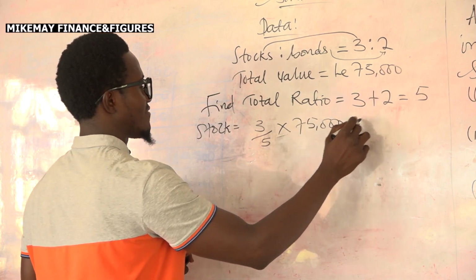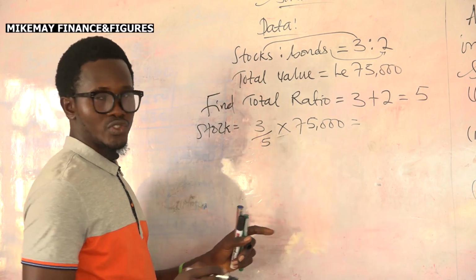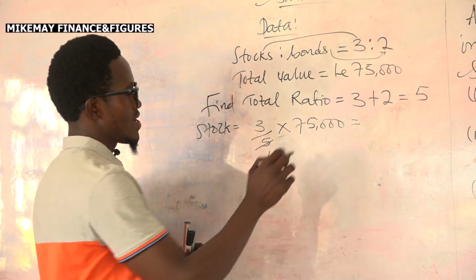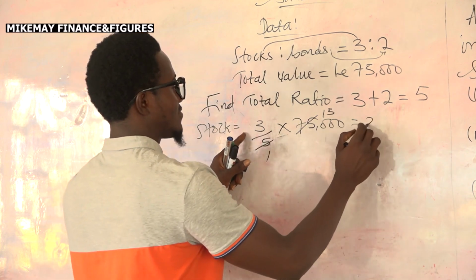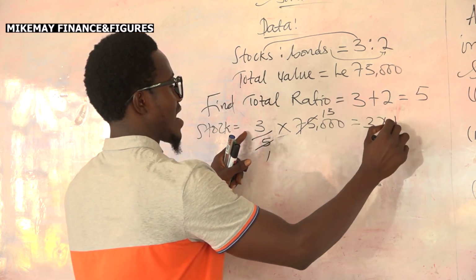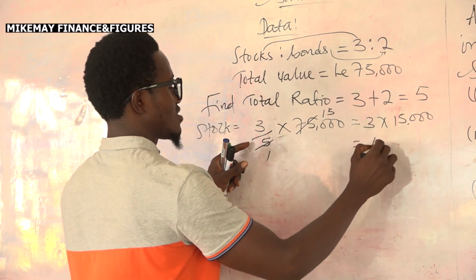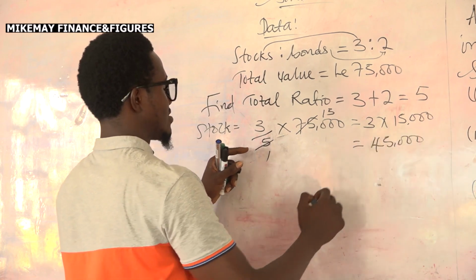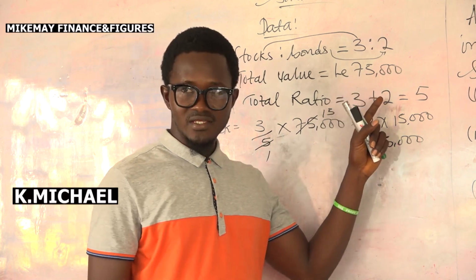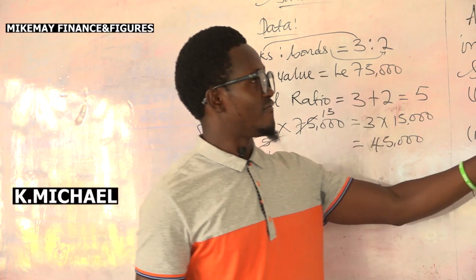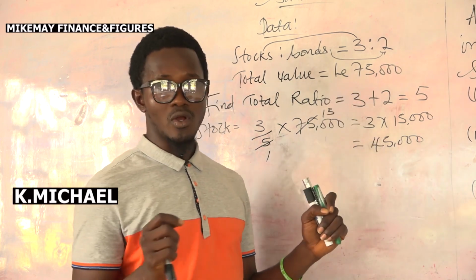If we perform a simple calculation here, 5 into itself is 1, and 5 into 75 is 15. Then we are left with 3 multiplied by 15. Don't forget we have 3 zeros coming. So this should give us 45,000 leones. In other words, out of this 75,000 making up the investor's portfolio, 45,000 of it is the value of stock.